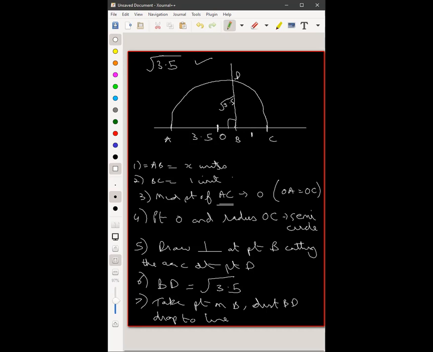Then keeping our compass at point B with length BD, we drop a line directly down. Let's say this is point E. So we mark B as 0 and E will become root 3.5.